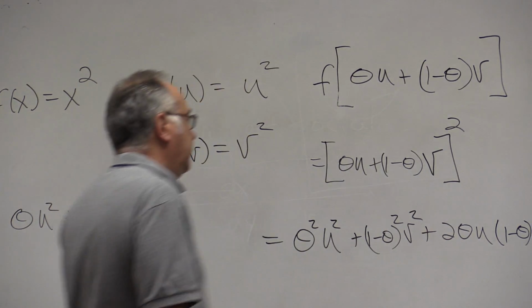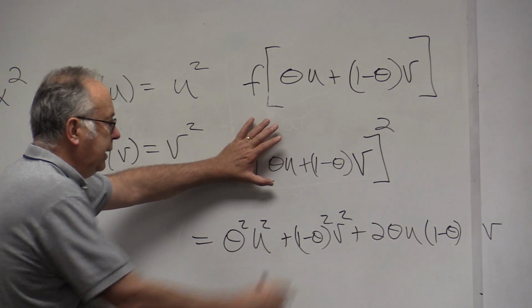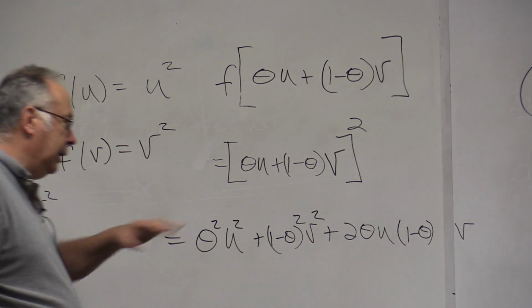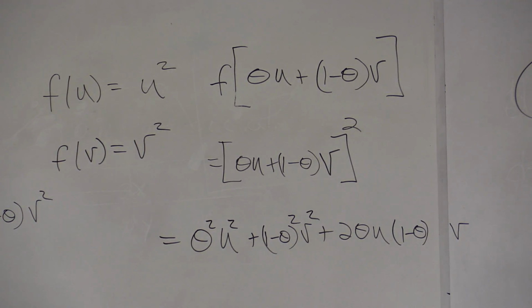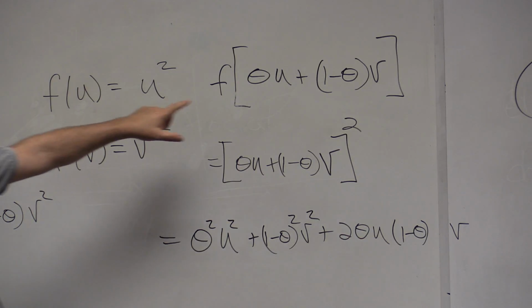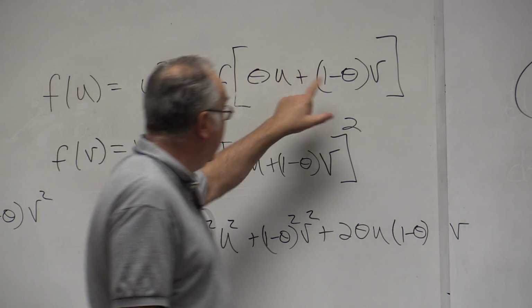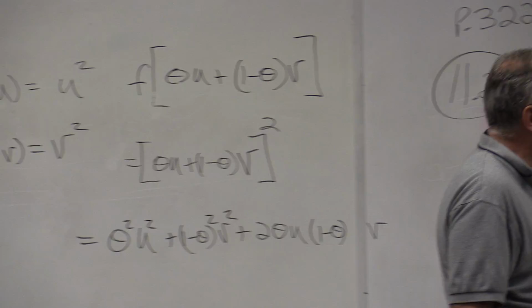Just multiply this thing in brackets times itself, and that's what you get. So that's f of theta u plus 1 minus theta v, or this term right here.